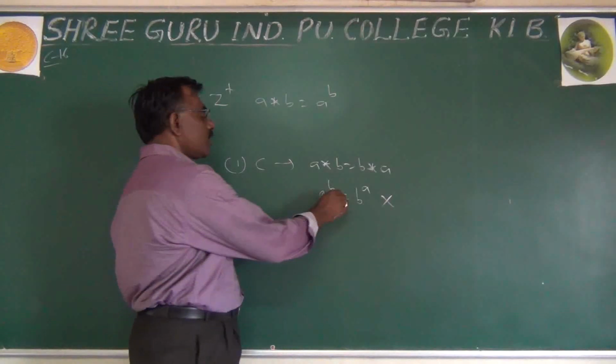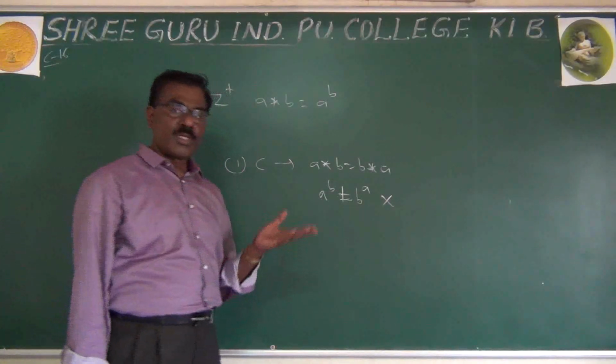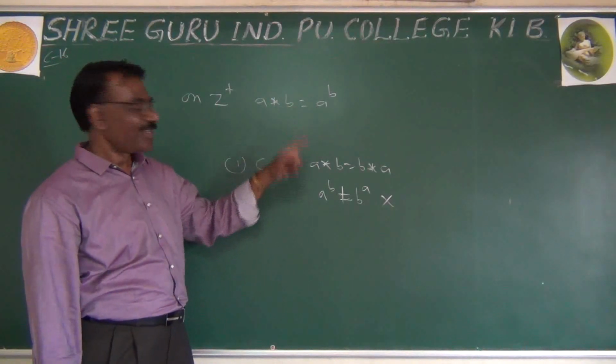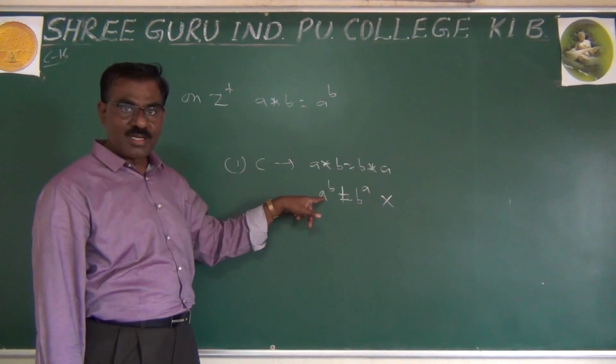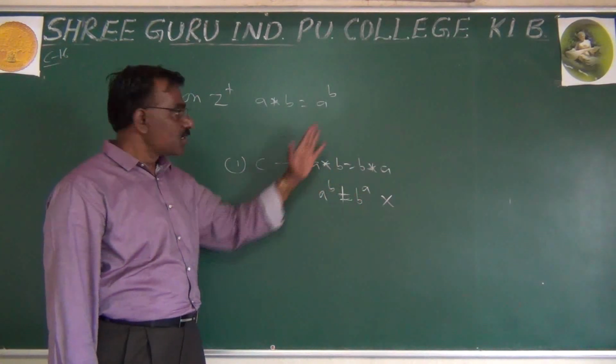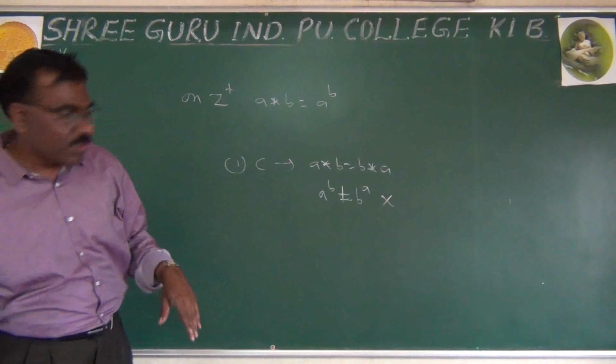So this problem is not commutative, since A to the power B is not equal to B to the power A.